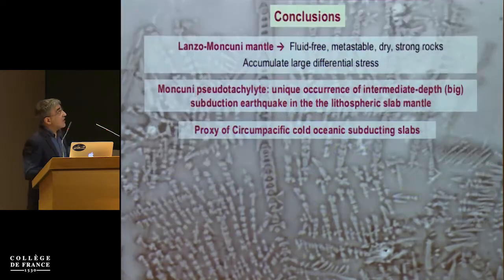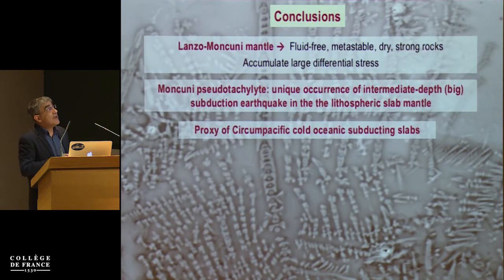And to summarize this, Lanzo and Monviso lithosphere, oceanic lithosphere during subduction are fluid-free, metastable, dry, strong, stiff. They are big resistors in the subduction zone environment, so they can, in principle, accumulate large differential stresses. And the pseudotachylite that I showed you, to me, is a good marker of an earthquake that occurs at intermediate depth.